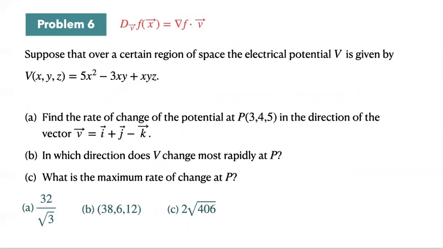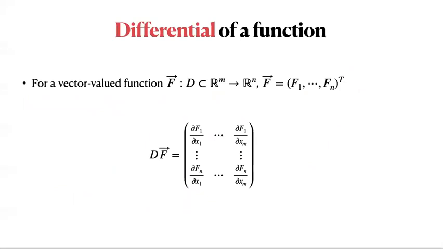Okay. Let's go to the differential of a function. When a vector valued function is given, then we can find df here. Since f is a vector valued function, we get f1 to fn. And we also have m variables, so we can differentiate each function with respect to the m variables.